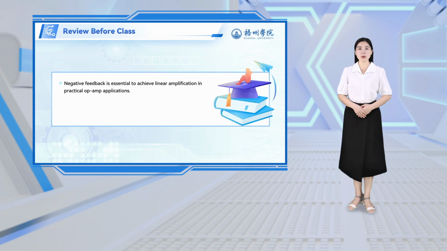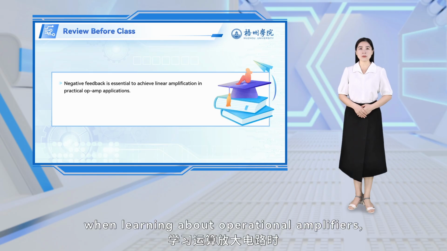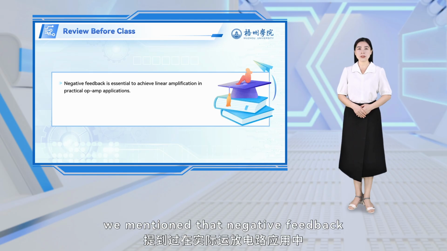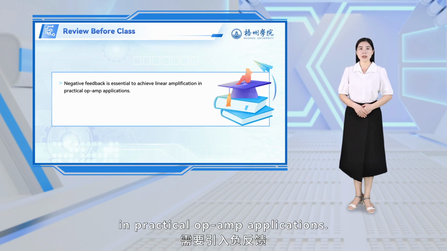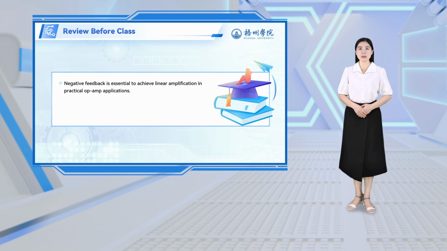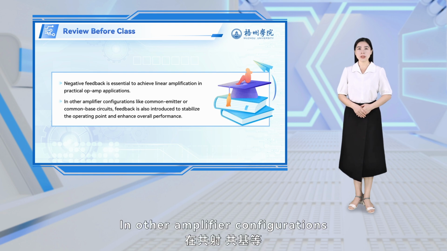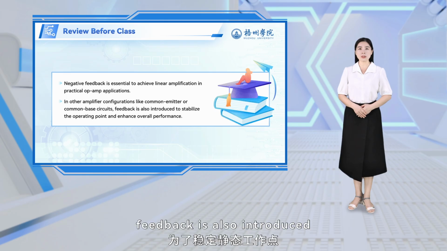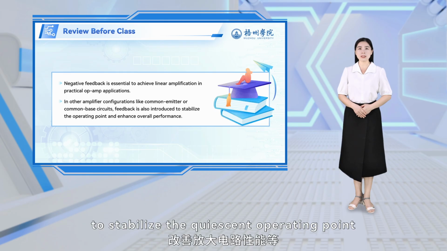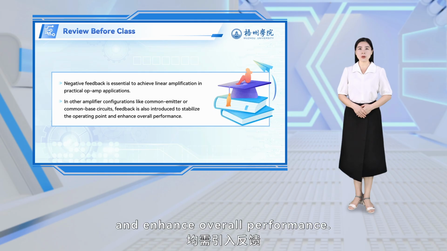For example, when learning about operational amplifiers, we mentioned that negative feedback is essential to achieve linear amplification in practical op-amp applications. In other amplifier configurations like common emitter or common base circuits, feedback is also introduced to stabilize the quiescent operating point and enhance overall performance.